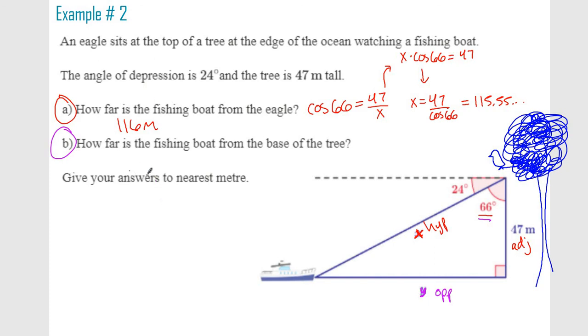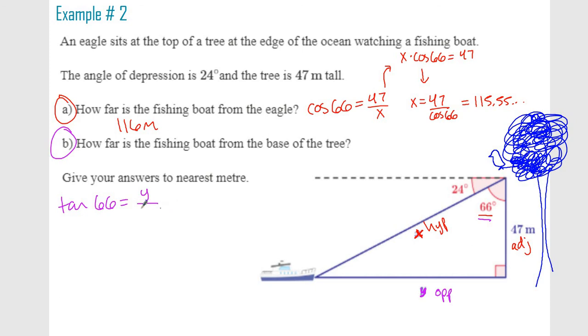So for the purple part, we can do sine of 66 is Y over the hypotenuse, but then I'd have to use that gross decimal. Let's use our adjacent instead. So instead of sine, let's use tangent.